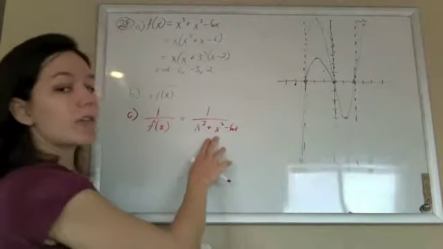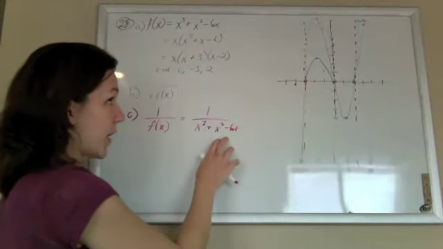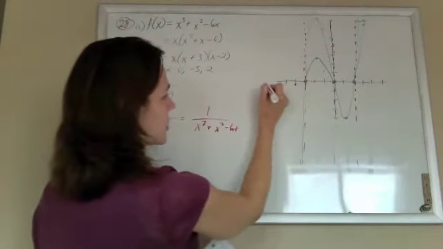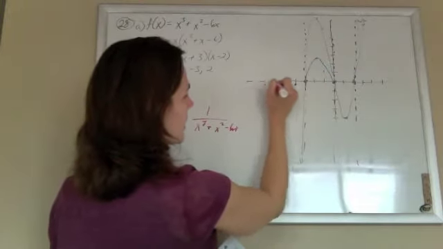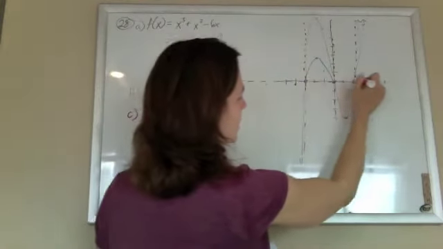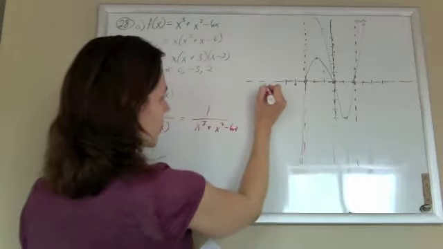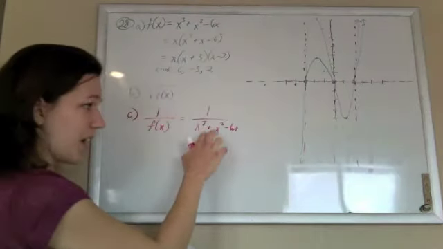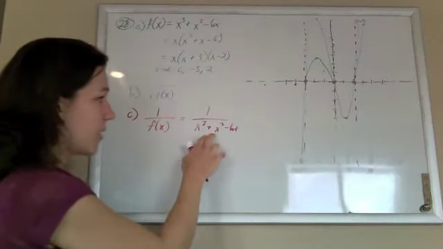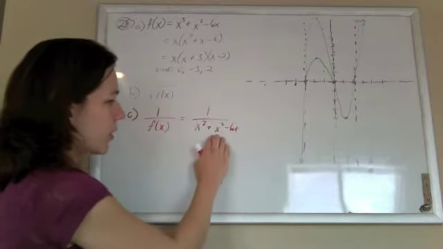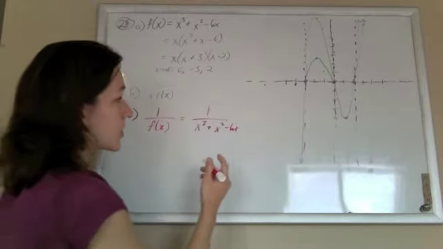And 1 over a very big number, 1 divided by 1,000,000,000, is going to be very close to 0. So that's why you're getting this horizontal asymptote there. Because no matter what I plug in for x, I can't make it hit 0 because I'm always going to have 1 over something. But I want to get really, really close.